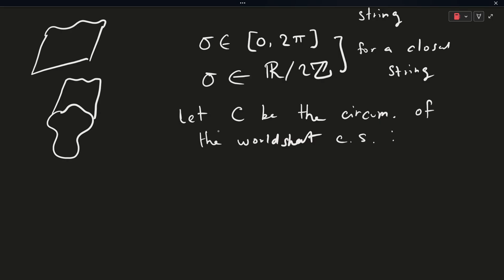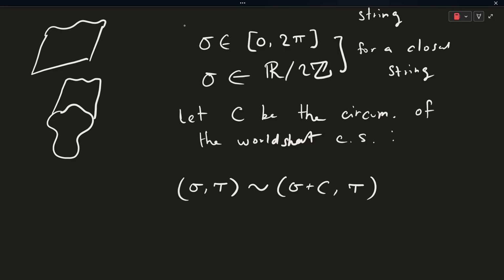So sigma, tau is identified with sigma plus C, and then the same tau.